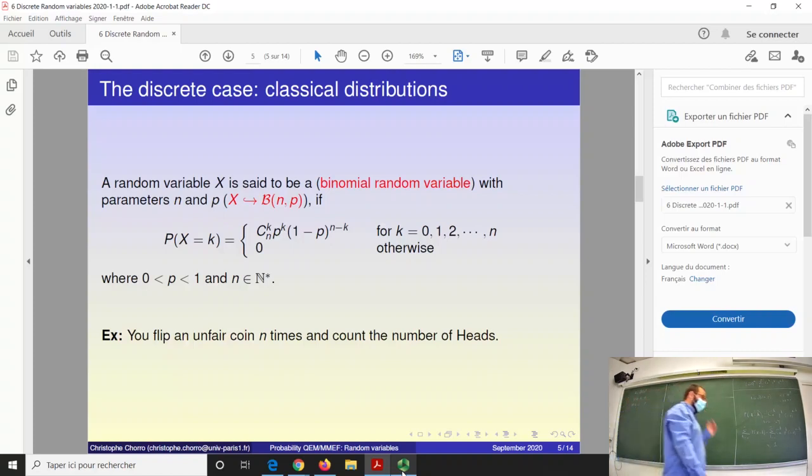Is there a link between binomial and Bernoulli? Sort of an approximation? No. Well, it's more than an approximation. It's a sub-case. How to recover from this one what I have written on the board here? I will answer the other question after.